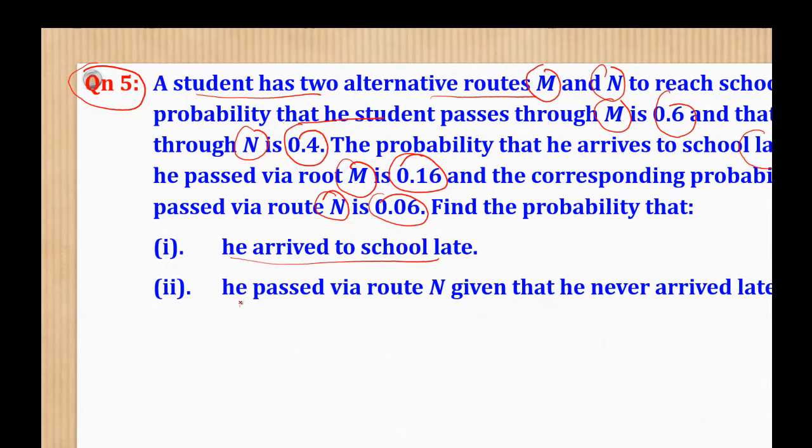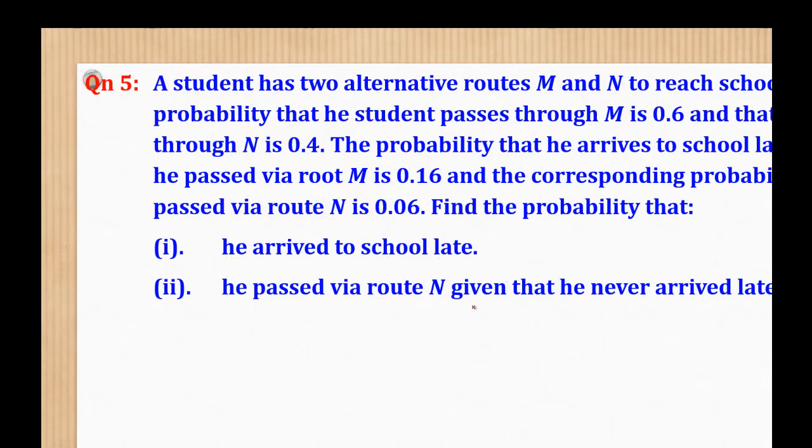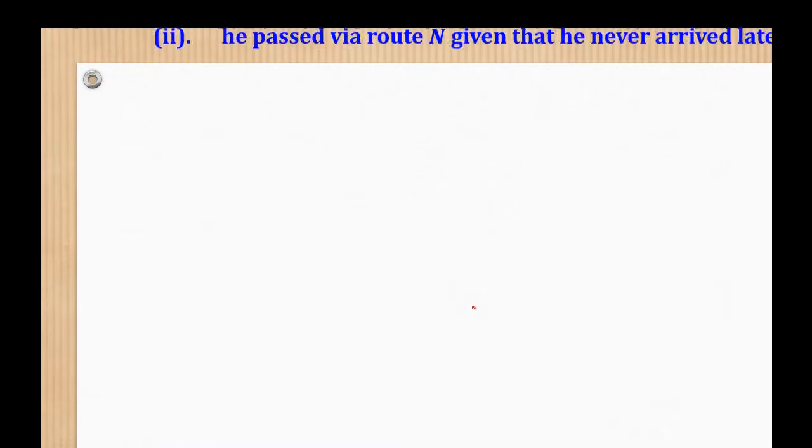Find the probability that he arrived to school late. And Roman 2, he passed via route N, given that he never arrived late to school. So questions with conditions are easily done using a tree diagram. In other words, questions of dependent events are easily done using a tree diagram.